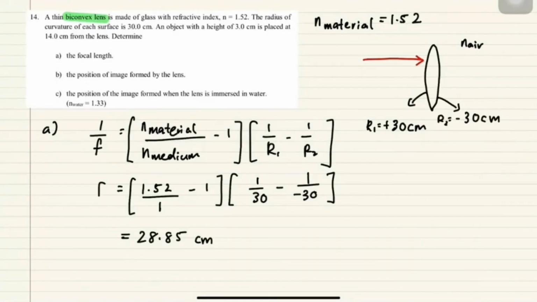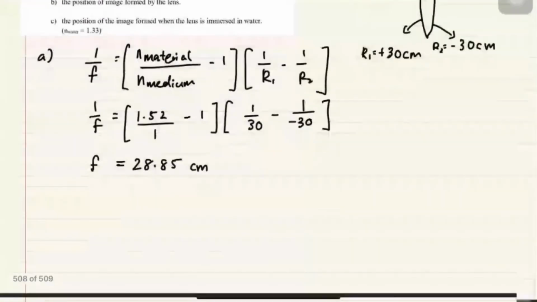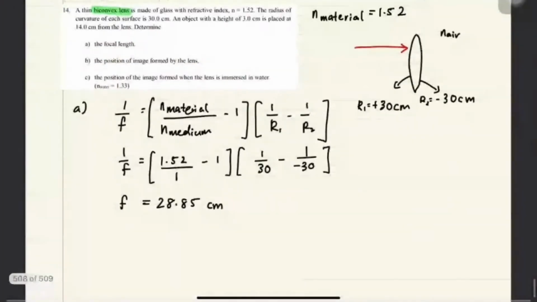Okay, I got here is positive, so basically it's a converging lens. And then the shape makes sense lah sebab dia nampak macam convex lens pun. It's positive 28.85.